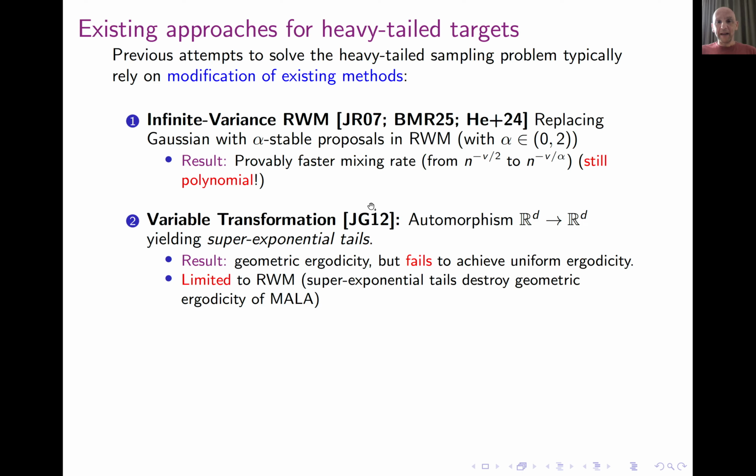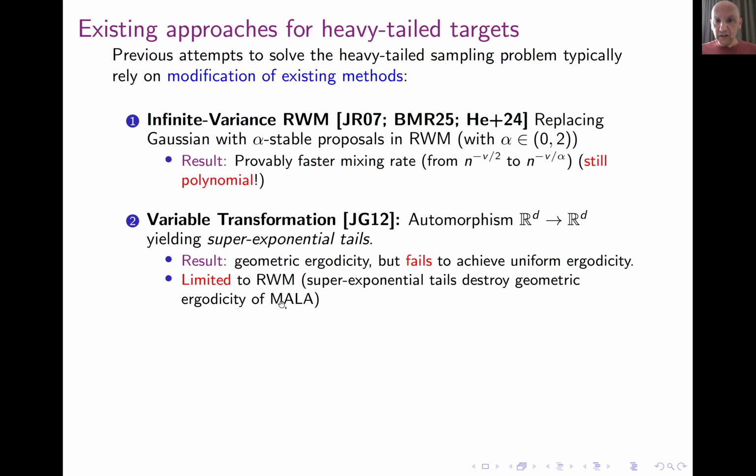Now, this paper by Johnson and Geyer from 2012 suggests taking an automorphism of the whole R^d to suppress the tails of pi and make them super-exponential. If you can do that, you will get a geometrically ergodic chain. It will not be uniformly ergodic, okay?